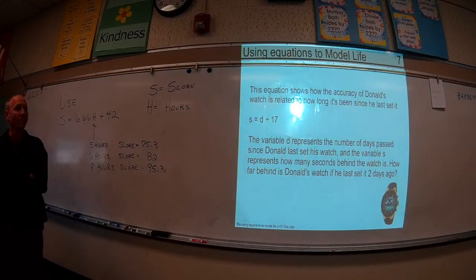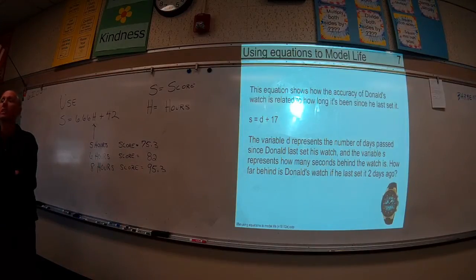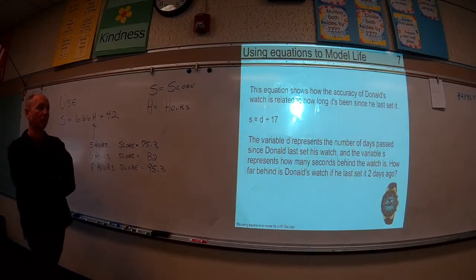Gianna, what does the S represent? How many seconds behind the watches? Seconds. Eva, what does D represent? The number of days.